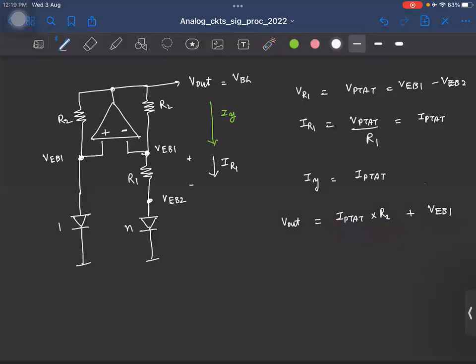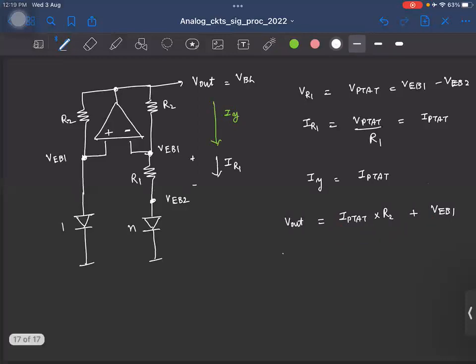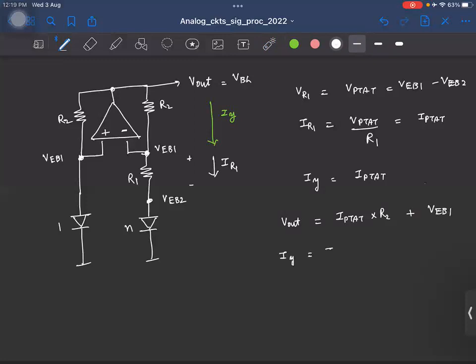Now, if you think about it, IY is equal to the PTAT current because you have forced this voltage to be equal to VEB1, right? Because this voltage is VEB2. The op amp has forced this voltage to be VEB1.